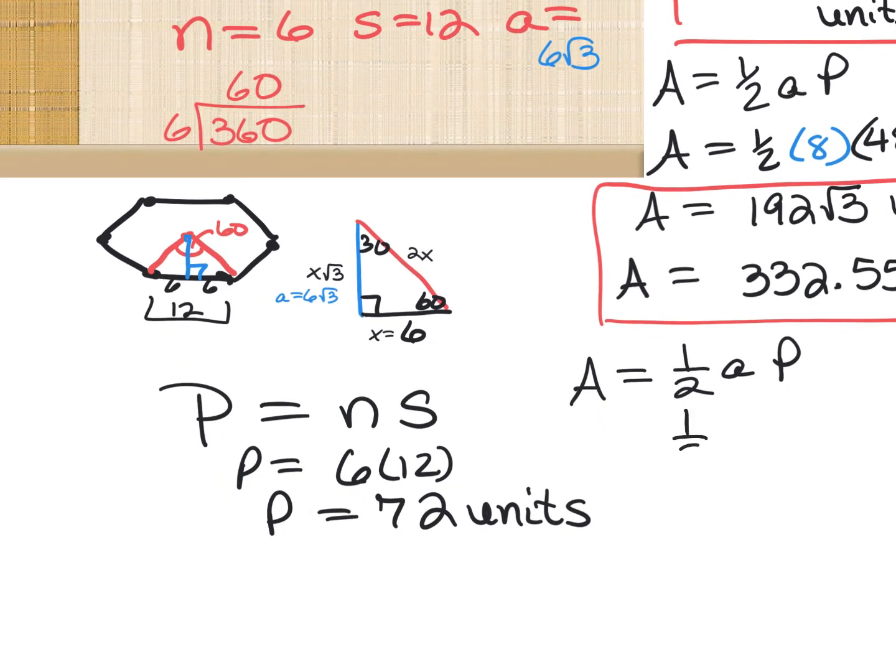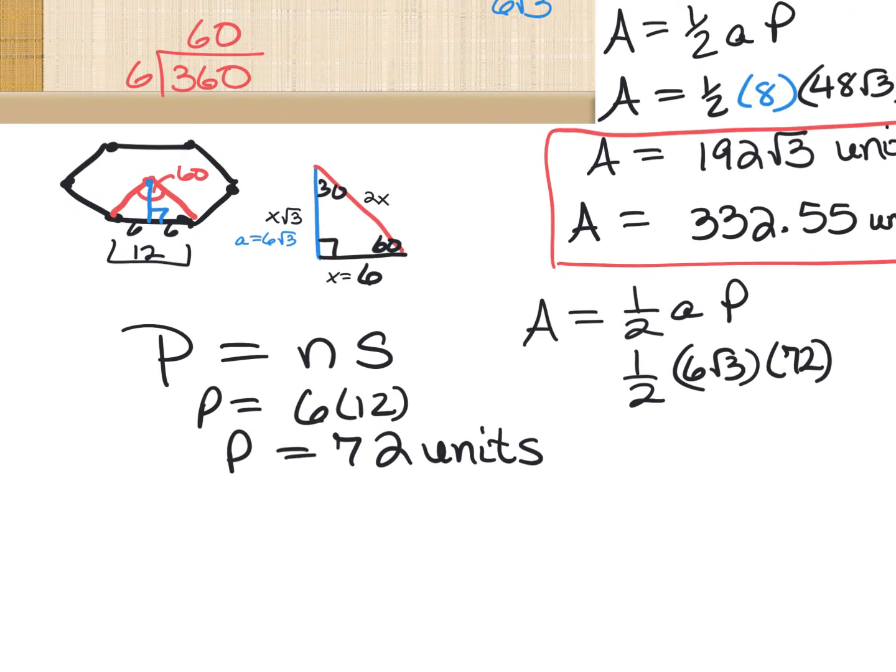So 1/2, the apothem is the 6 square root 3, and the perimeter is 72. I need to multiply these 3 numbers, 1/2 times 6 square root 3 times 72, and I end up with 216 square root 3 units squared.